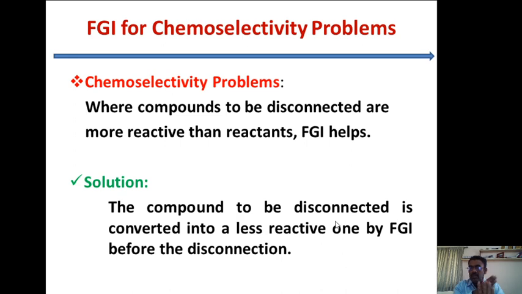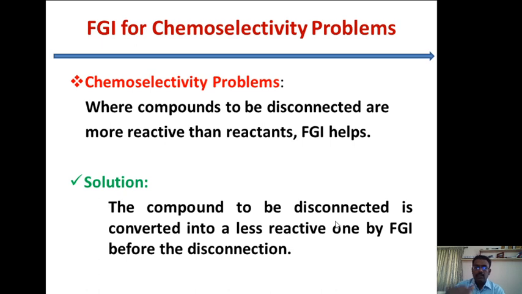That's what we saw yesterday, how to solve the chemoselectivity problem. In this case, if the reactant is less reactive than the product, then the product has to be converted into the less reactive form first. Here the product is more reactive, so we have to convert that product into a less reactive functional group before doing the disconnection.